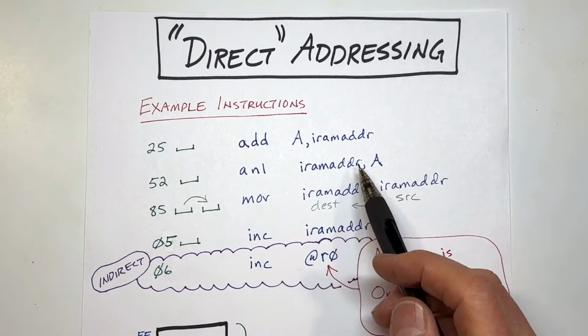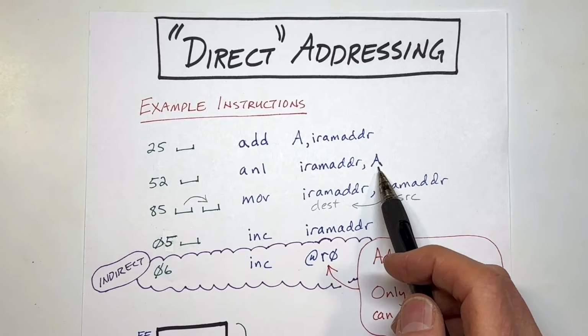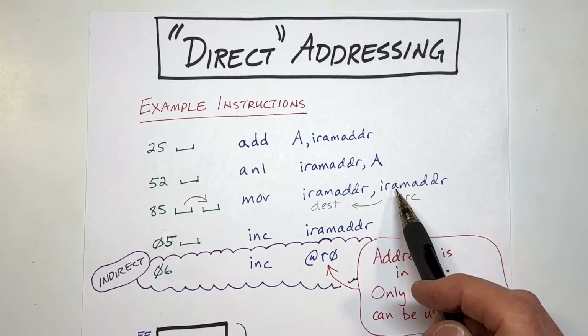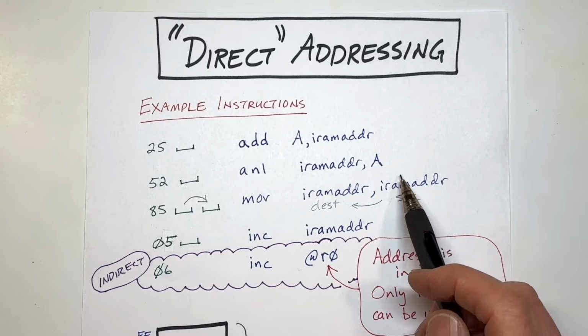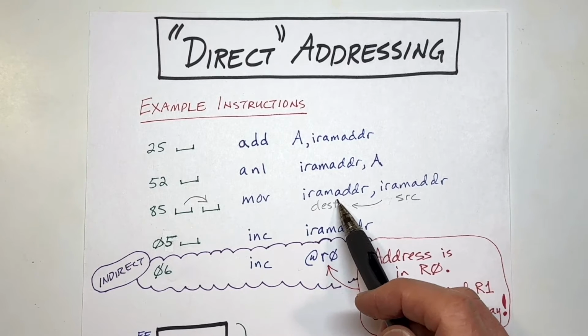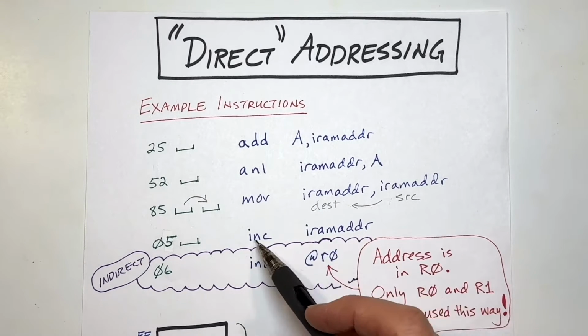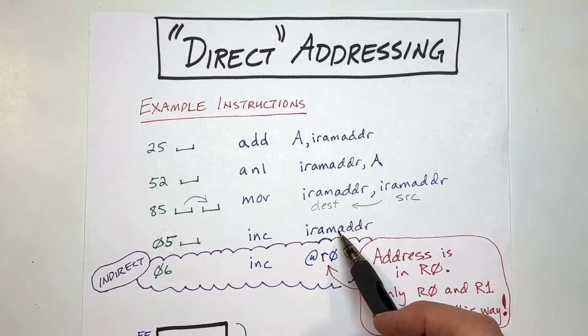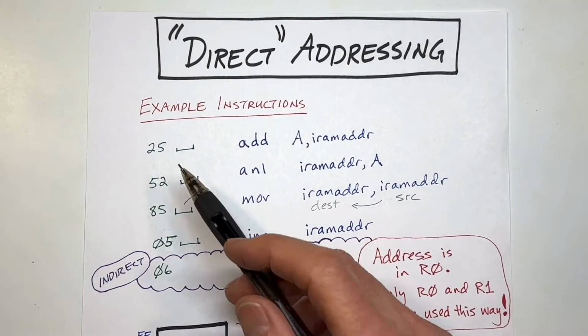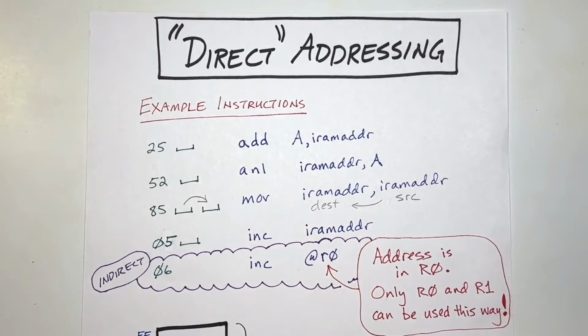So here you are ANDing the A register to some location in memory. And here we are moving a byte from some source byte in memory to some destination byte in memory. And here we are incrementing a byte in memory. These are all examples of direct addressing, and here I'm showing the opcodes.